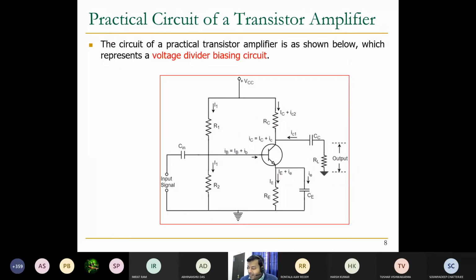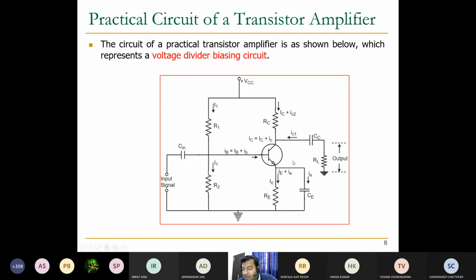Another important circuit is our practical transistor amplifier, shown below. Practical. This is nothing but a single stage amplifier, a complete single stage amplifier. As you can see, there are a couple of parameters.